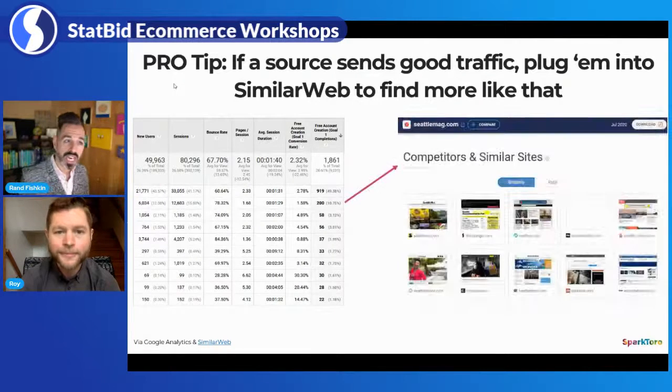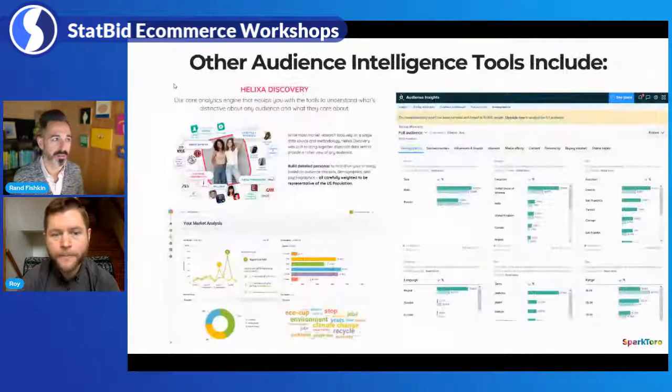You can take them to SimilarWeb for free, scroll down to the bottom of what SimilarWeb gives you in a free report, the competitors and similar sites, and you can see a whole bunch of other websites that are similar to the one that sent you high quality traffic. That, again, expands on where I am going to find my audience.